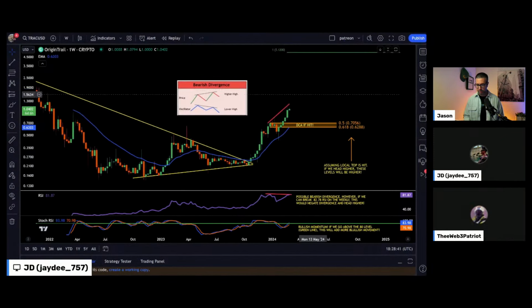Right now we're basically creating bearish divergence, but for us to negate the bearish divergence, the RSI needs to break this last higher high right here.